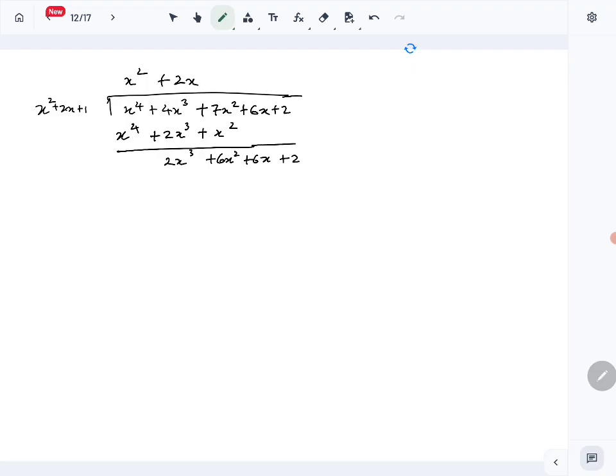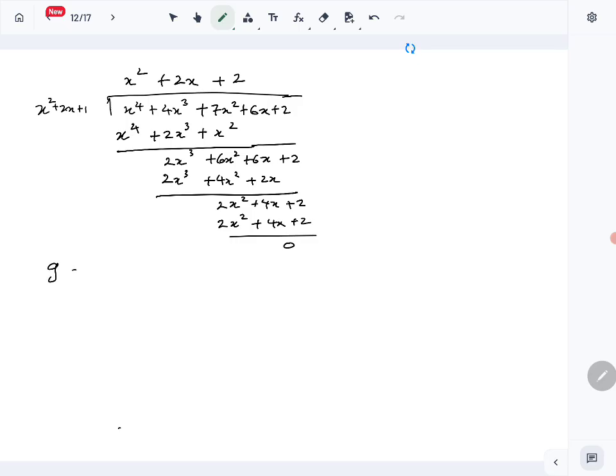Then you get plus 2x, 2x cubed plus 4x squared plus 2x. So 2x cubed cancels, 2x squared plus 4x plus 2. So you get 2, 2x squared plus 4x plus 2, remainder 0. Right. So then we have found g of x in factored form: (x + 1) squared times (x squared plus 2x plus 2).